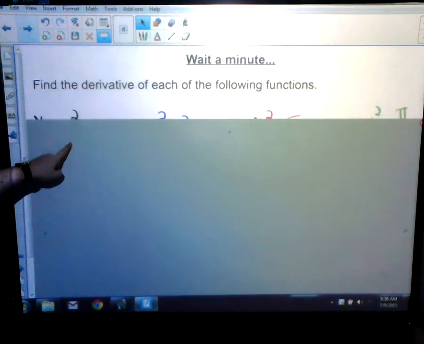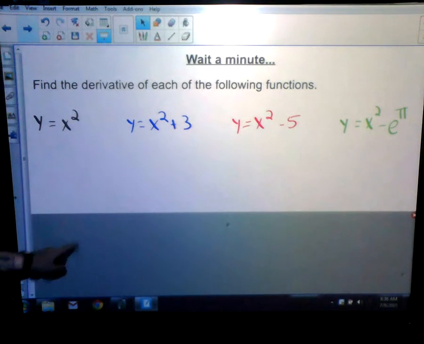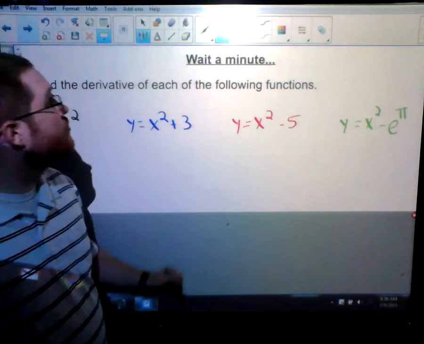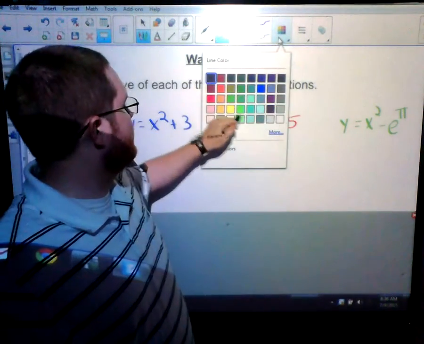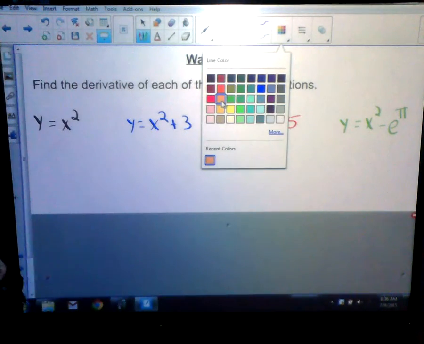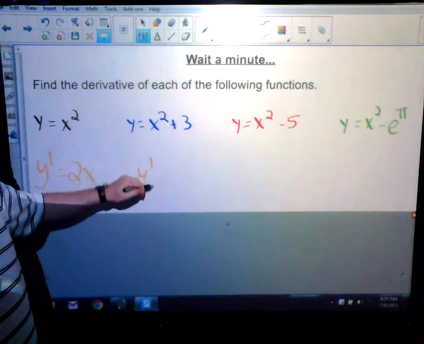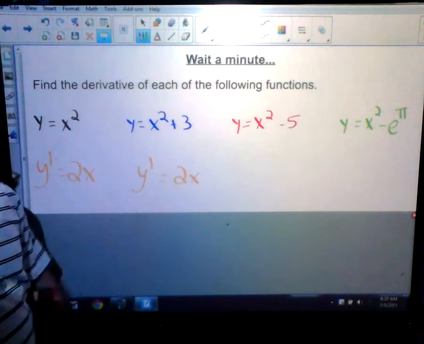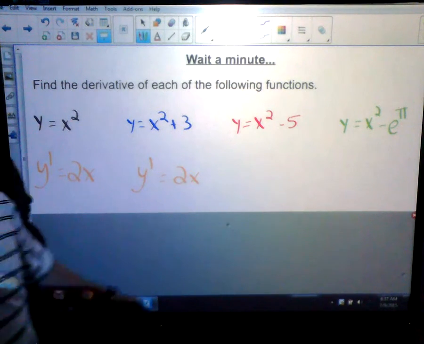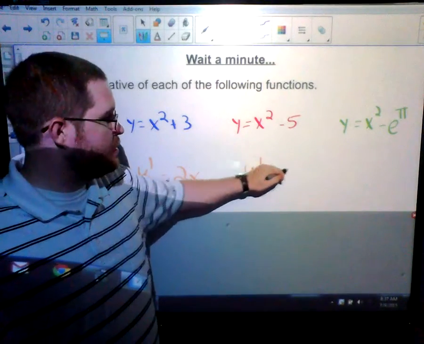I want you to find the derivative of each of these functions. Let's do a different color here, something fun. Let's do orange. What's the derivative of x squared? It's 2x. What's the derivative of x squared plus 3? It's 2x, because the plus 3 doesn't matter for derivatives. This is 2x.